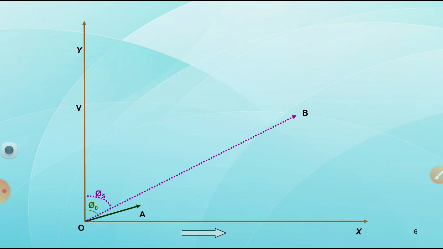Now, the third step: you know A and B, two vectors at different angles. Now join A and B. This indicates the output line of the motor, the output of the machine.